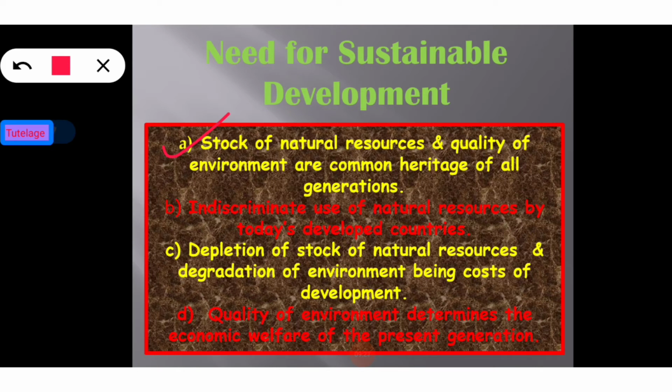Now going to the second point, indiscriminate use of natural resources by today's developed countries. Many industrialized developed countries of the world have a history of causing rapid depletion of the stock of natural resources.